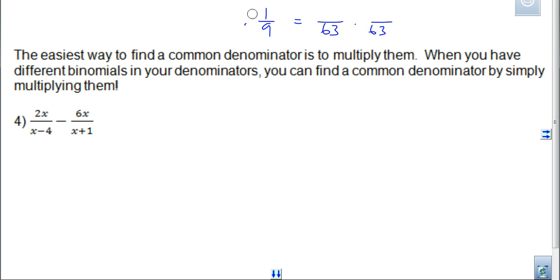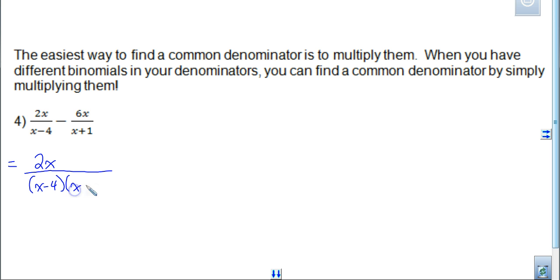Now, we can use this idea if we have binomials in our denominators. So in this case, I have x minus 4 and x plus 1. Those are different binomials. So to find my common denominator, what I will do is multiply them together. So the first expression, if I wanted to have a denominator of x minus 4 times x plus 1, that would be my common denominator between these two.